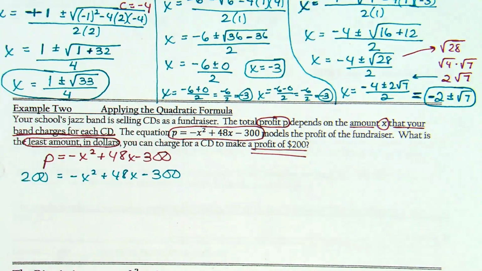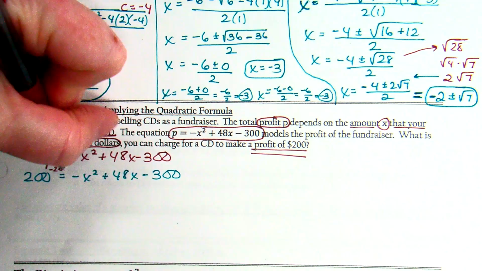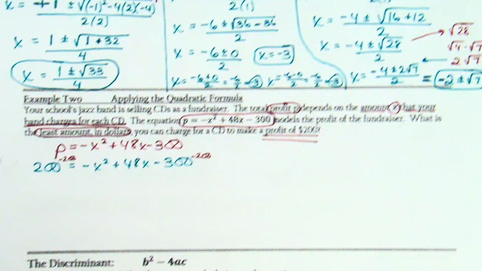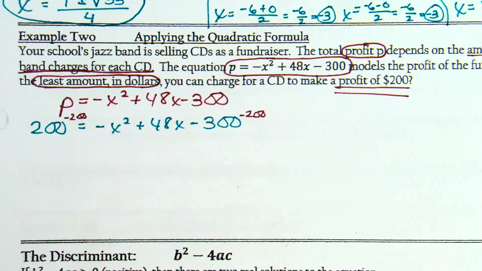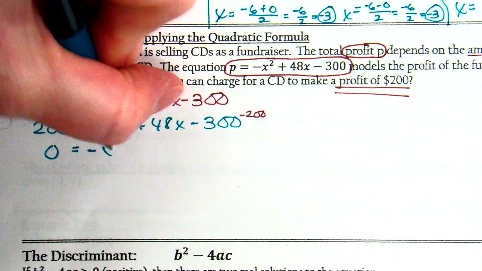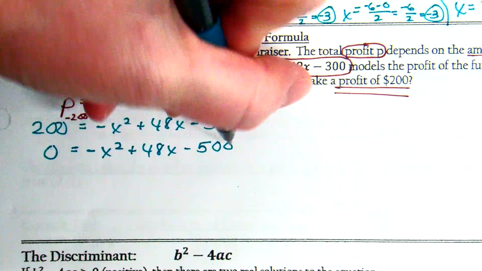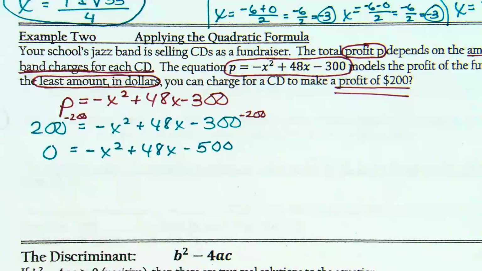In order to solve this quadratic equation, we need it equal to 0. So subtract that 200 over. Or you can move everything to the left if you want, but I'd rather just move one if it's not otherwise necessary. So now I have 0 equals negative x squared plus 48x minus 300 minus 200, minus 500.